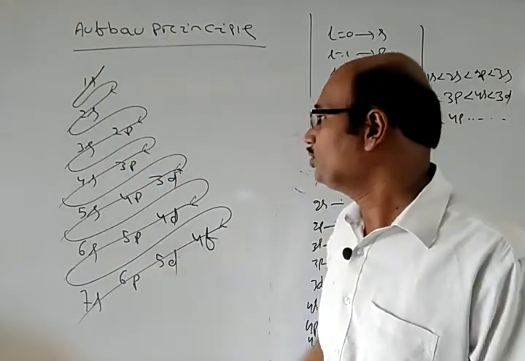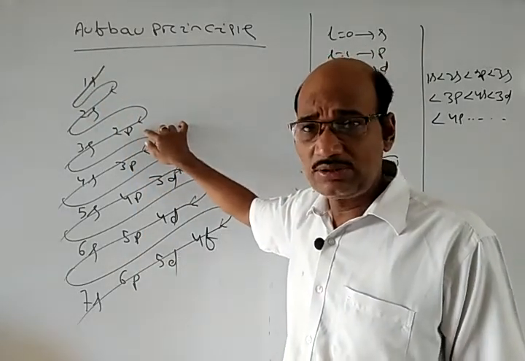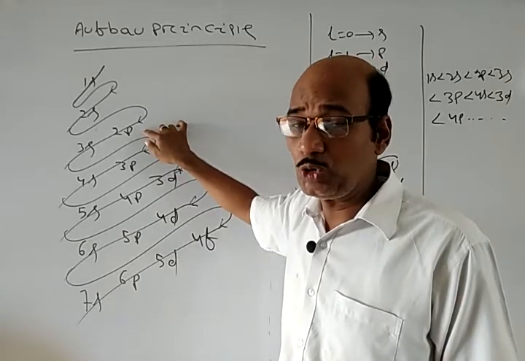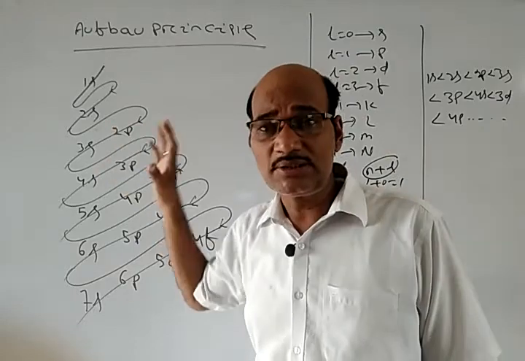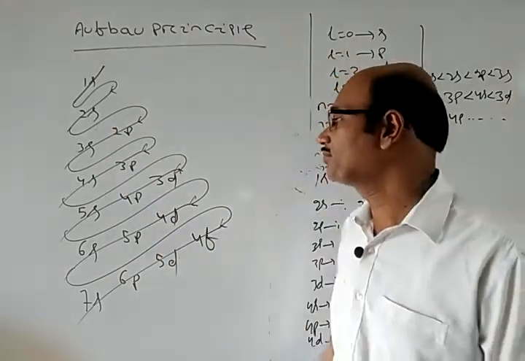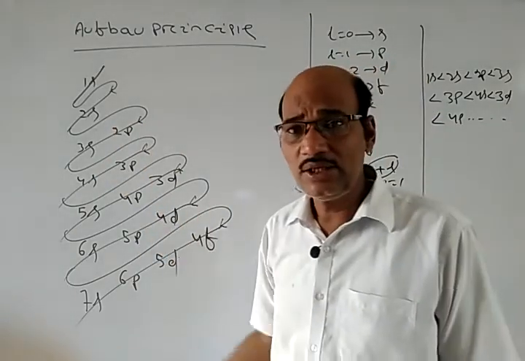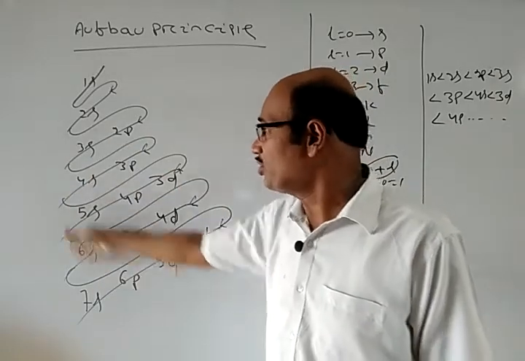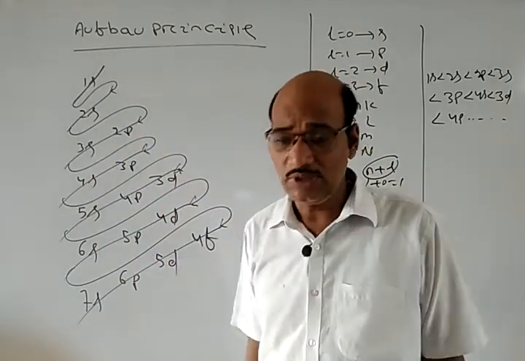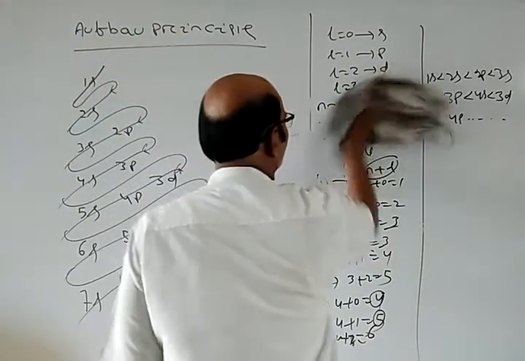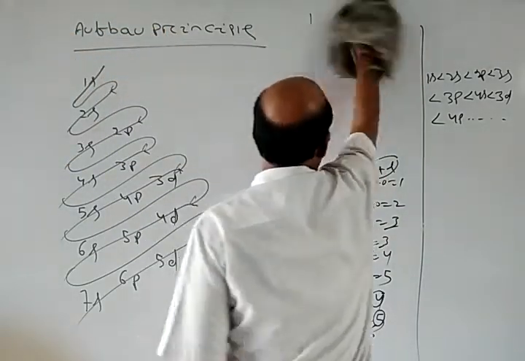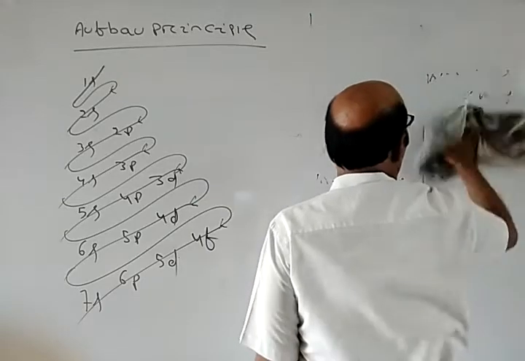In the p there will be 6 electrons, so 2p will go up to 6 because the p orbital contains 6 electrons. Similarly, d contains 10. So in this order we can fill up the electrons in different orbitals. This is called the Aufbau principle.